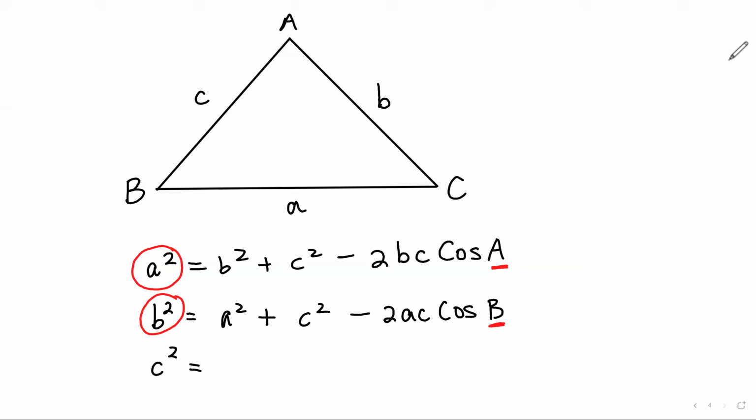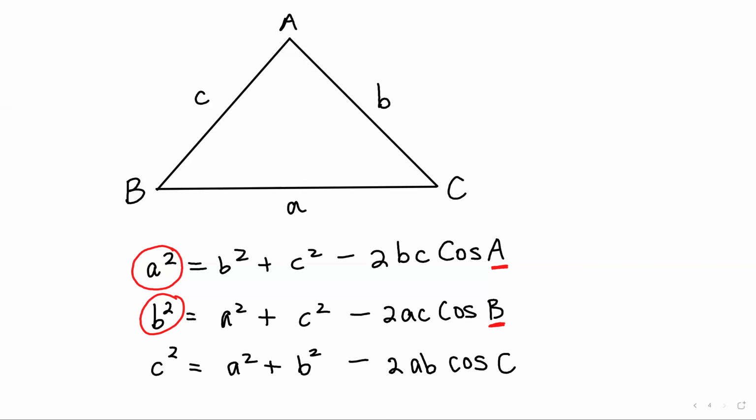B squared plus A squared, or A squared plus B squared, no matter the order. Minus 2AB cos of C. That's right. All right, guys.